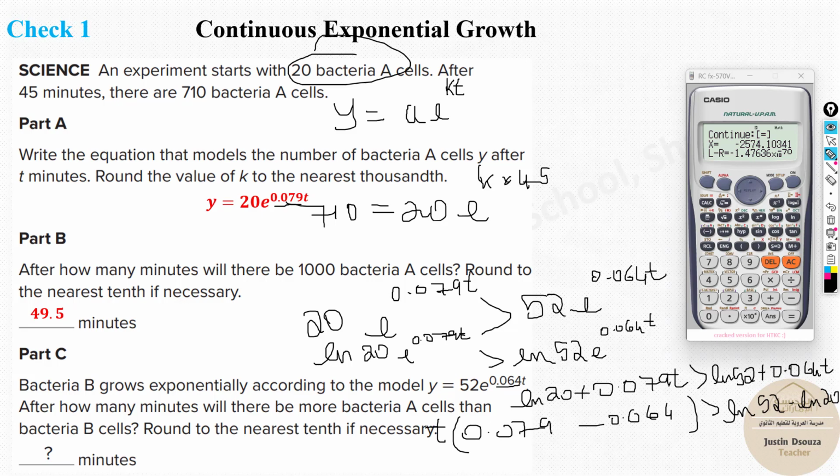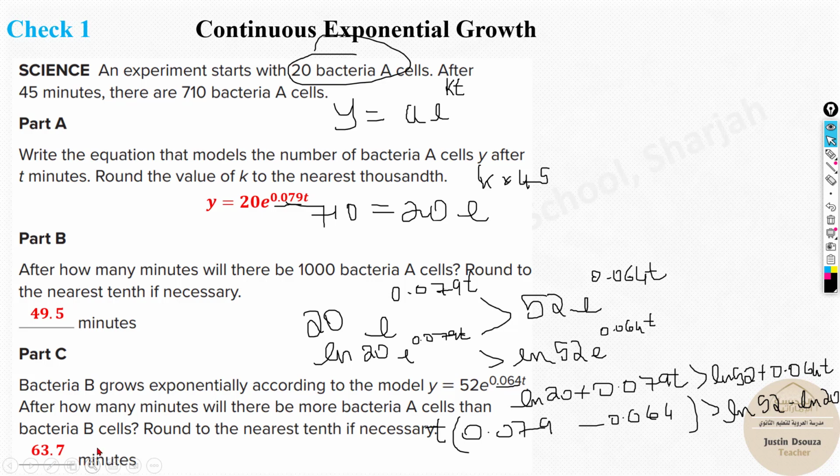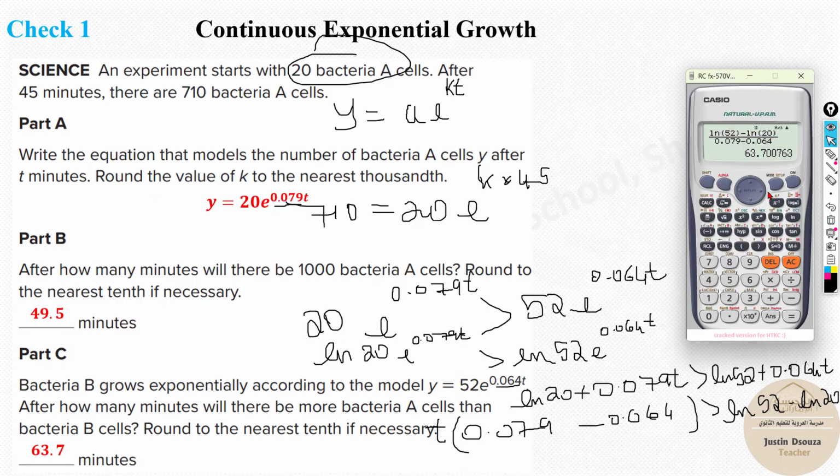Now this term must be divided by the right side: (ln 52 minus ln 20) divided by (0.079 minus 0.064) equals 63. So it will be 63.7 minutes. So this is the answer.